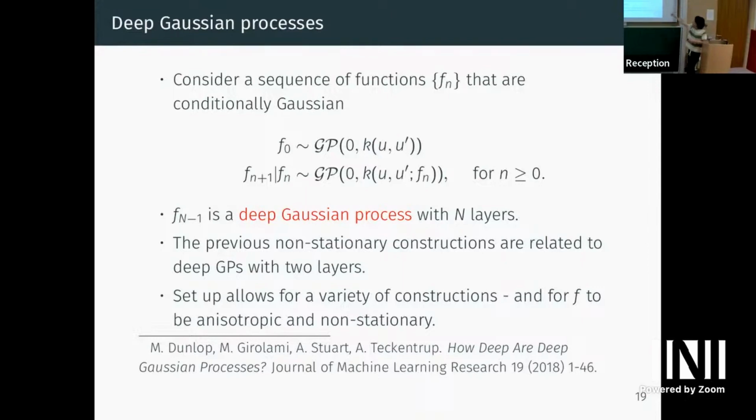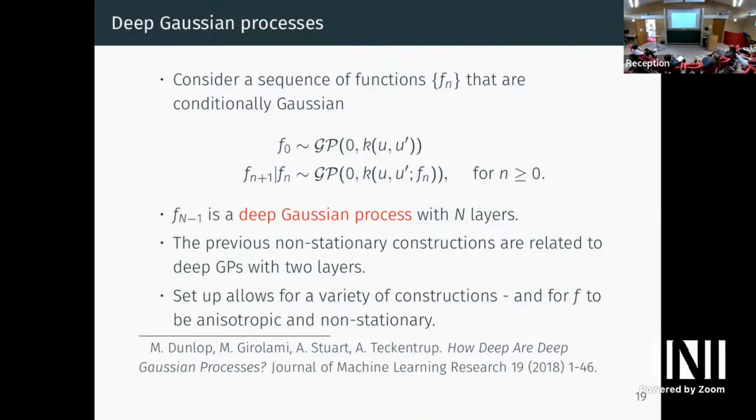So F0 is just a sample from a Gaussian process with some kind of stationary invariance kernel. That's our bottom layer. Then one layer up from that, we condition the kernel on the sample that we've taken from the previous layer.